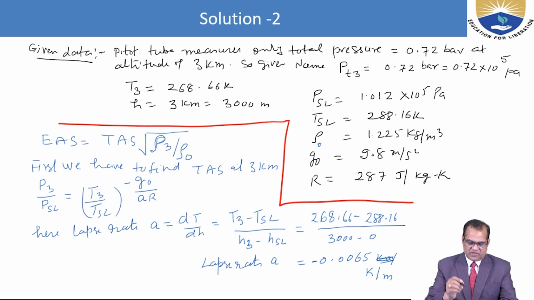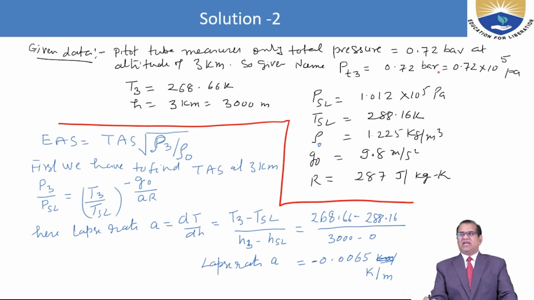So the solution of the problem, given data: the pitot tube measures only total pressure, and the total pressure is given as 0.72 bar at an altitude of 3 kilometers. So given pressure PT3 at 3 kilometers, the subscript is 3, is 0.72 bar.